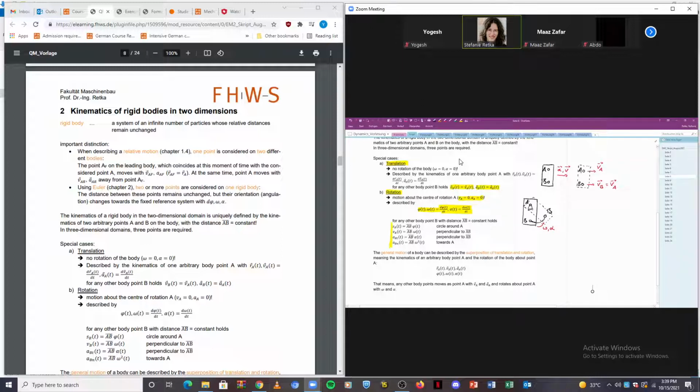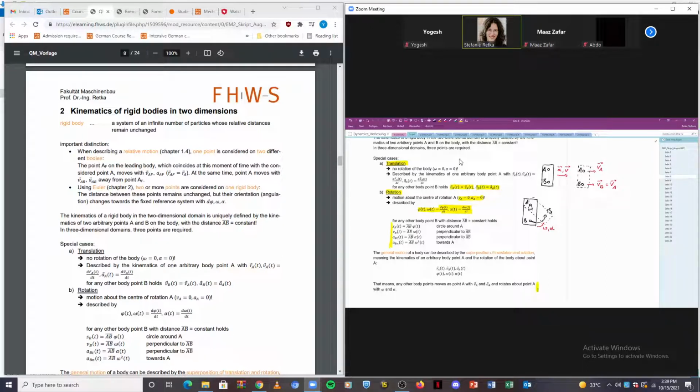That means that we can describe the kinematics of any arbitrary object by translation of point A and rotation of point B about A. That's what's stated right here. And that's the main difference.